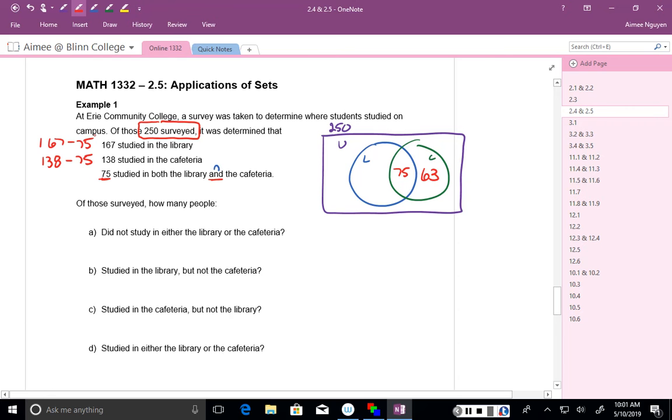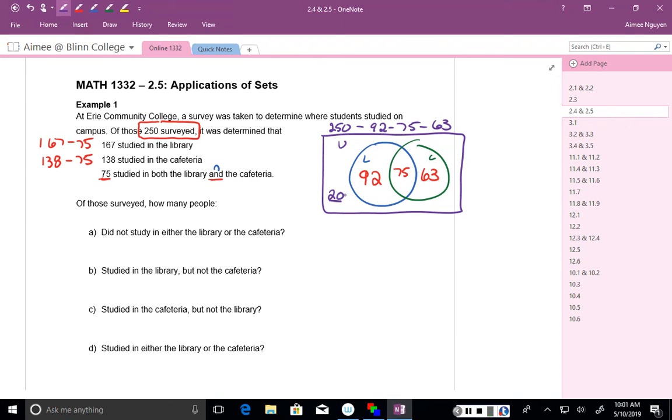And that's going to leave me with 92 people that studied here. And then just like last time, if I want to find this last little number, which is outside, I take that 250, I subtract the 92, the 75, the 63, and that leaves me 20 people that didn't study in either. And so now that I have my Venn diagram, I can answer my questions.